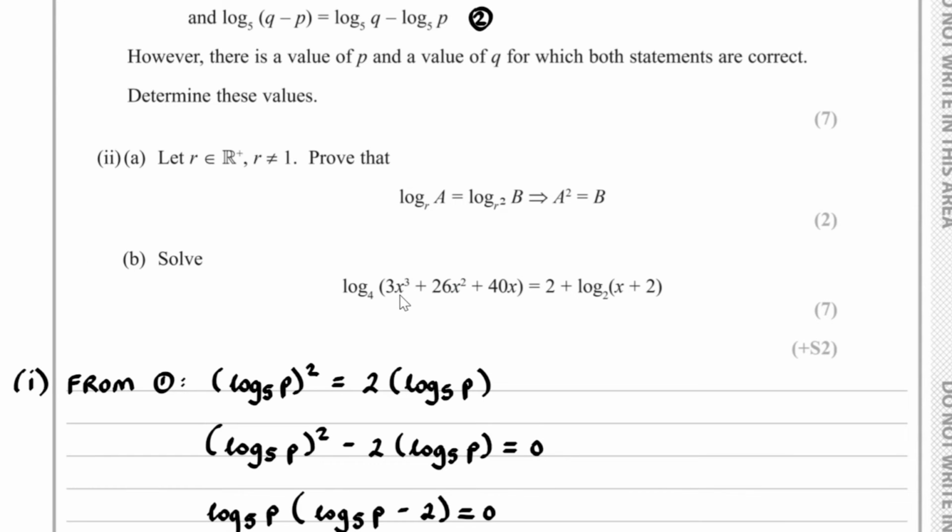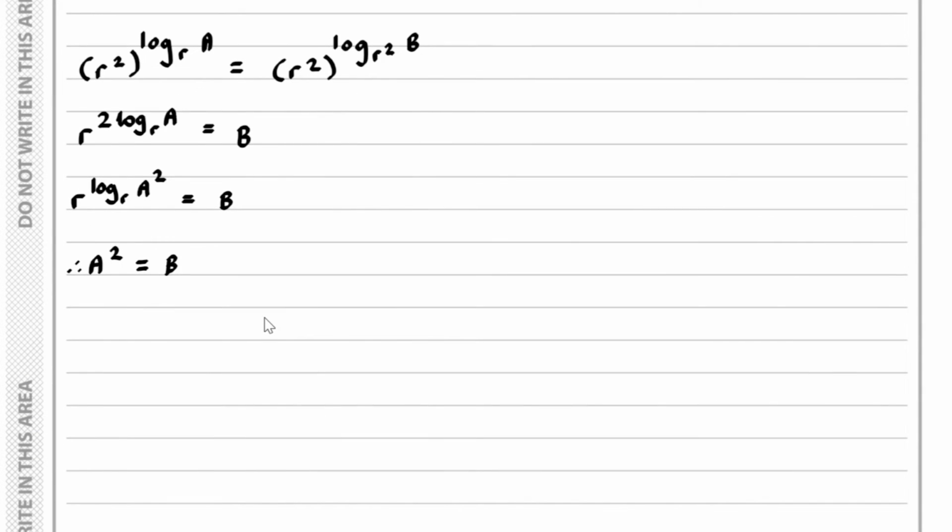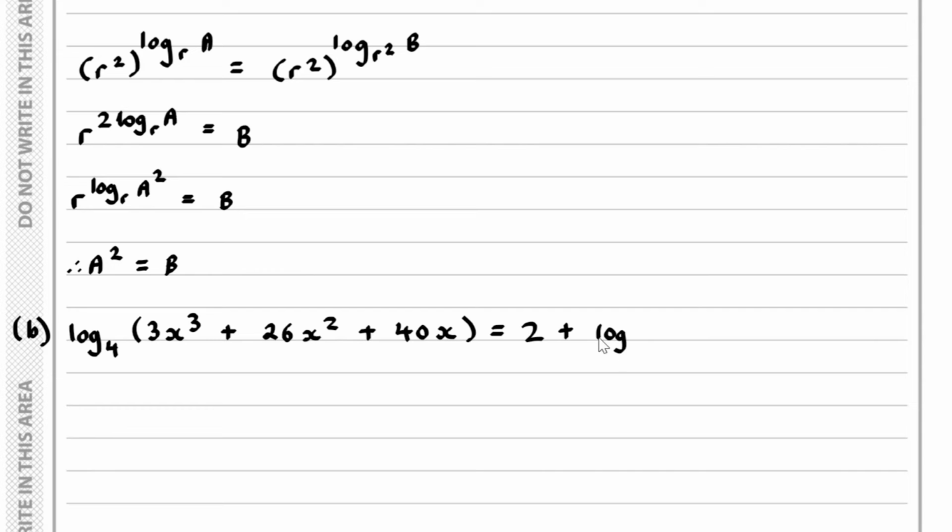Now we have to solve log base 4 of 3x cubed plus 26x squared plus 40x equals 2 plus log base 2 of x plus 2. Now, first of all, we've got log base 4 of 3x cubed plus 26x squared plus 40x equals 2 plus log base 2 of x plus 2.